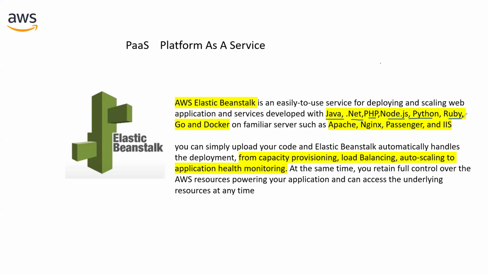Whenever you're deploying a machine, you can deploy an application with it. You can even go with Docker, and web servers like Apache, Nginx, Passenger, and IIS, which is the web server application in Windows.